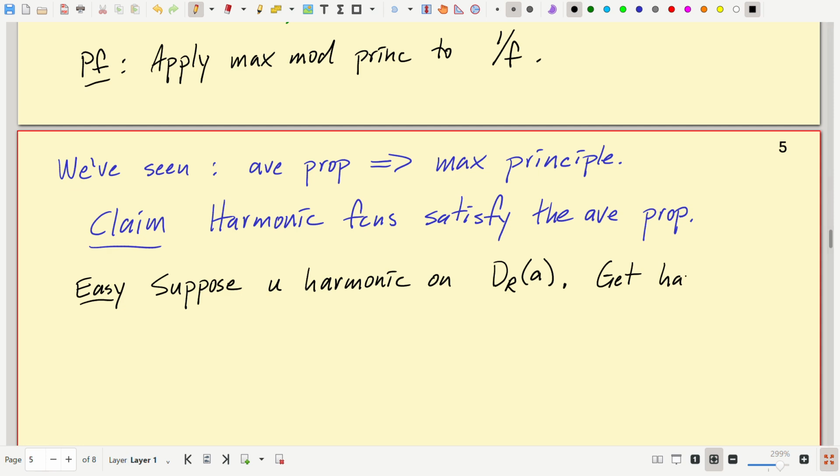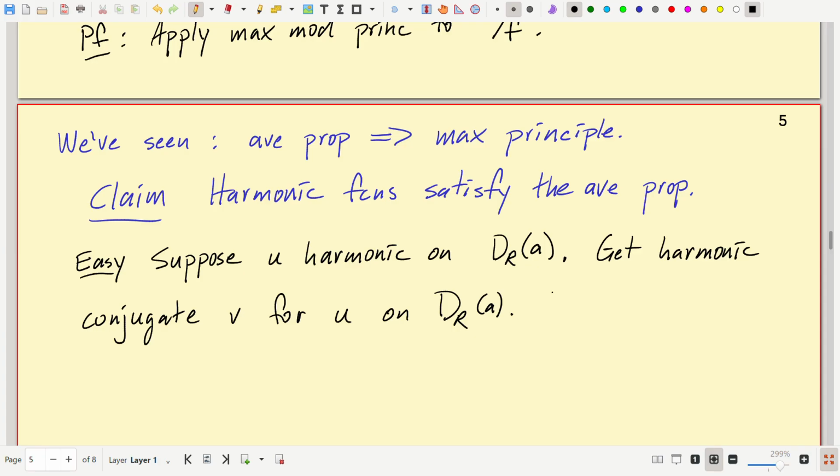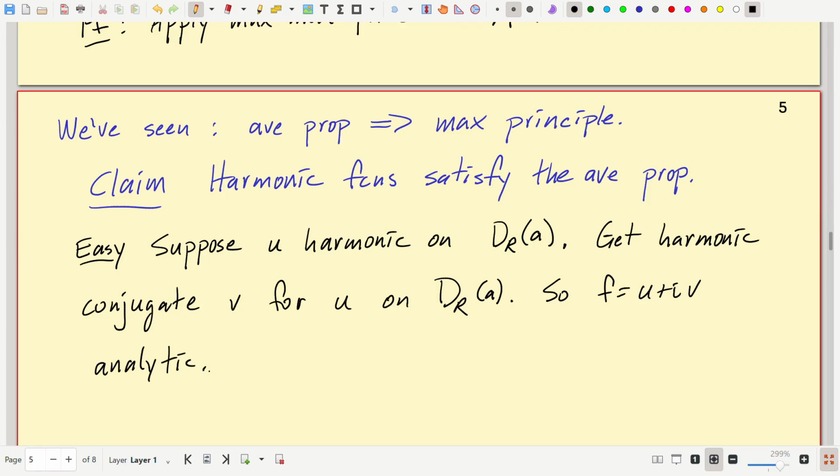Let's get a harmonic conjugate v for u on that disk. So f equals u plus iv is analytic. And we have an averaging property for f.